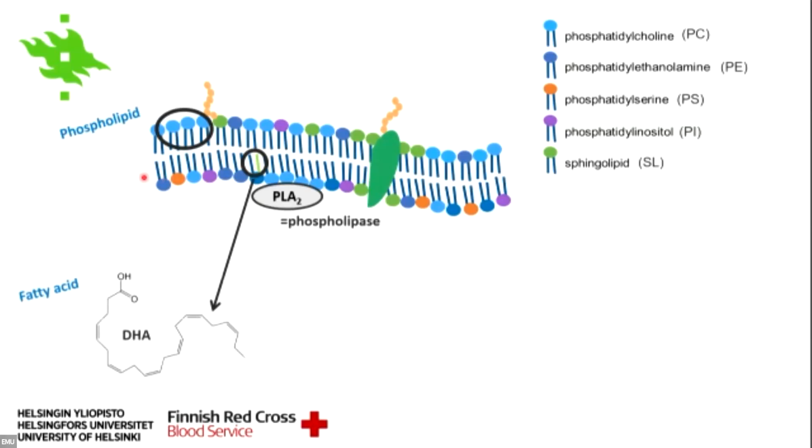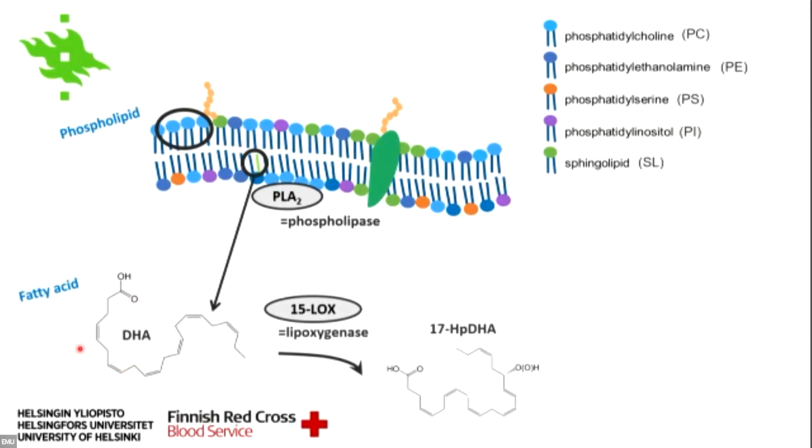The fatty acids in the membrane can also be cleaved away with the phospholipases. In the cytosol, for example, docosahexaenoic acid, DHA, can be enzymatically converted by lipoxygenases into a lipid mediator, for example, resolvin D6.